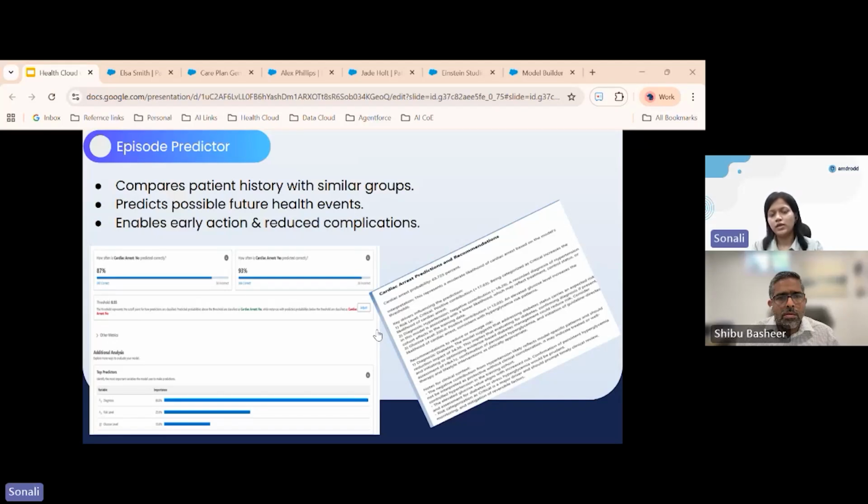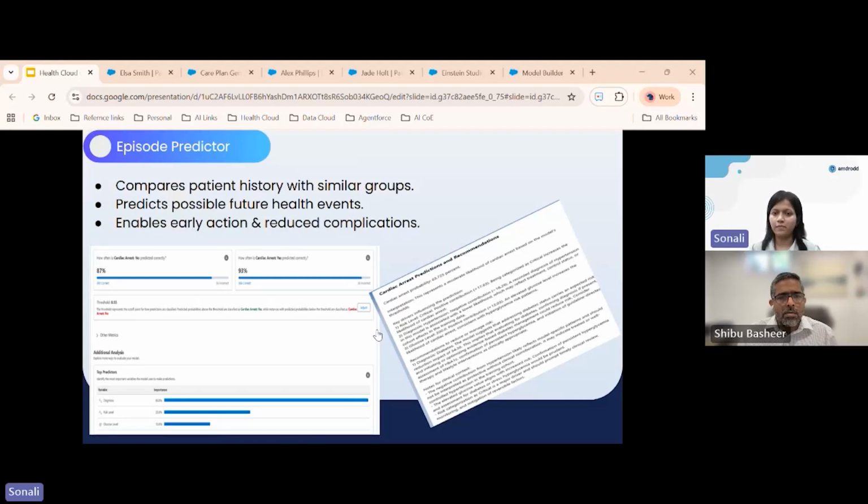The next one is the episode predictor. This is the second bot that we have built using Prompt Builder integrated with Salesforce Health Cloud. This bot will compare the patient's historical data, it could be medication history data or wearable data, against data from similar patient groups with a similar pattern.